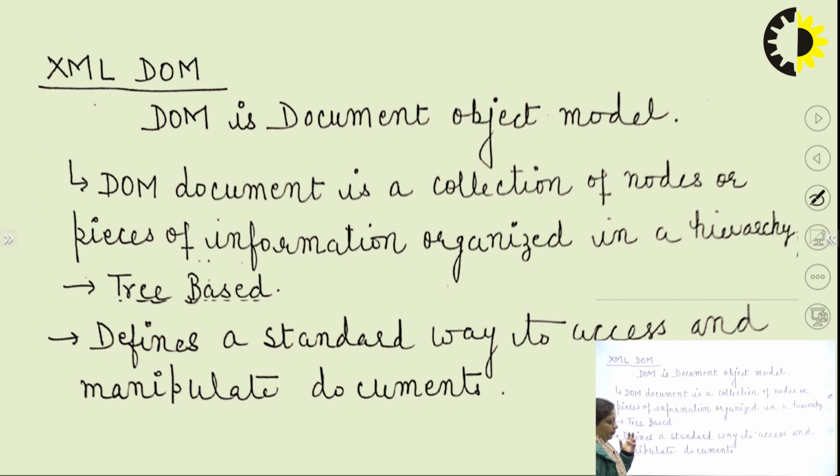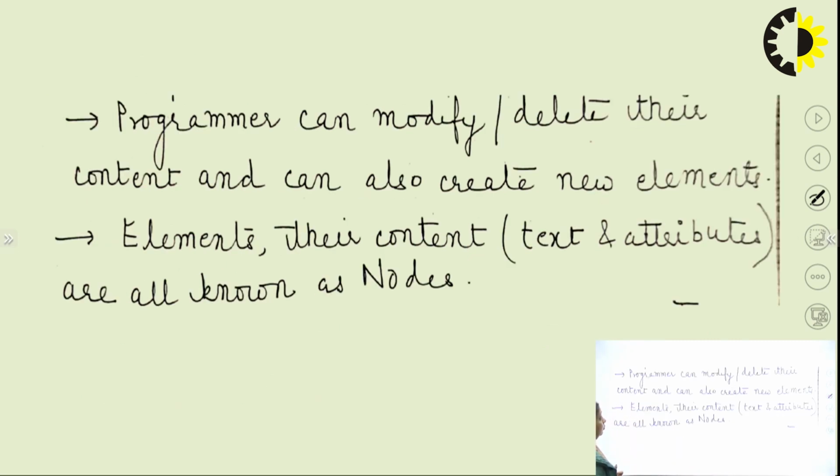To emphasize the point, whenever we talk about an object-based model or a DOM model, we always talk about a structure which is given as a hierarchy or a tree. So whenever we need to modify or access any of the elements of the hierarchy, we can do that by using a DOM model. As I have already said, using a DOM model, a programmer can easily modify or delete the contents of the XML document.